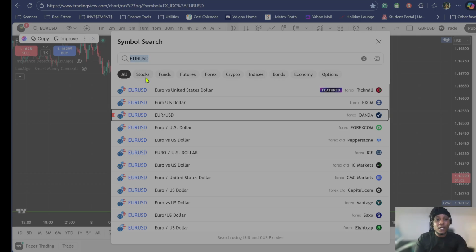You got stocks, you got funds, you got futures, you got forex, you got crypto, you got indices, you got bonds, you got economy, you got options. You got all these vehicles that you could trade.